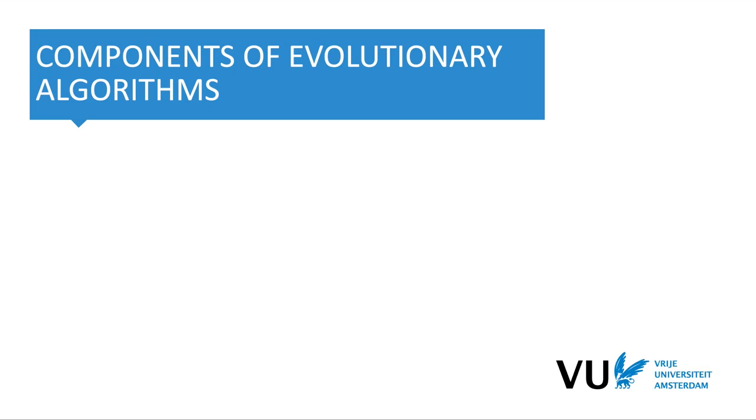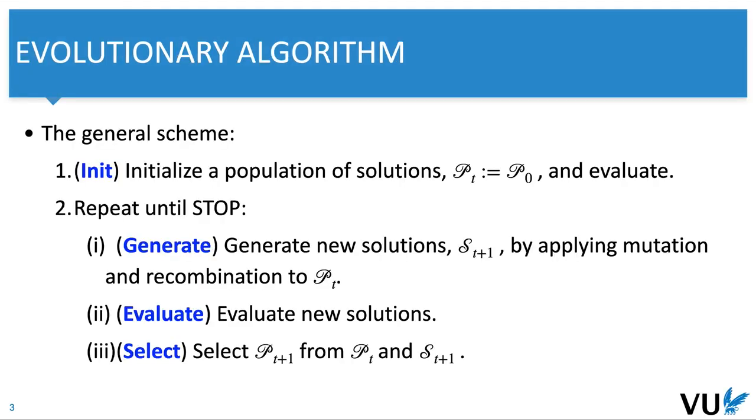So first, of course, let's briefly discuss what components are in evolutionary algorithms. So we have the general scheme. We, of course, first initialize a population of candidate solutions, and we evaluate them.